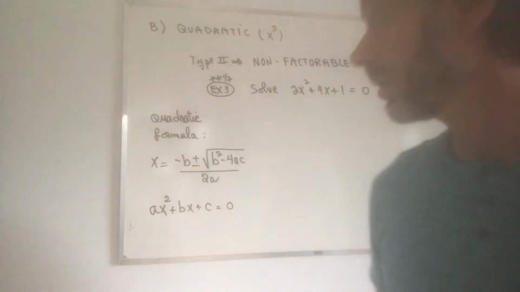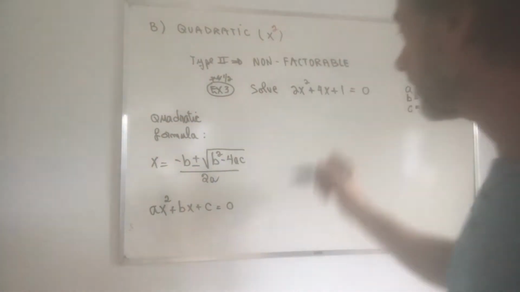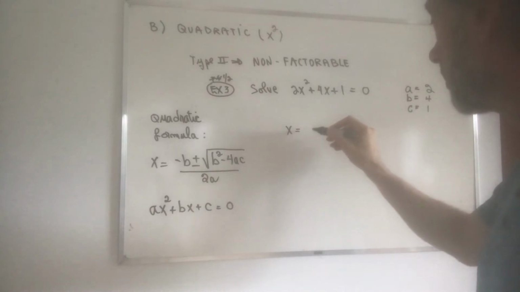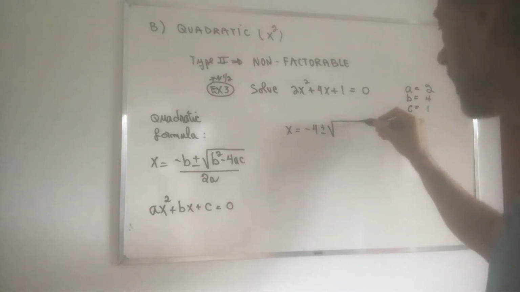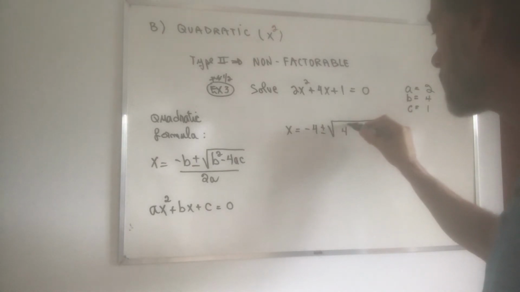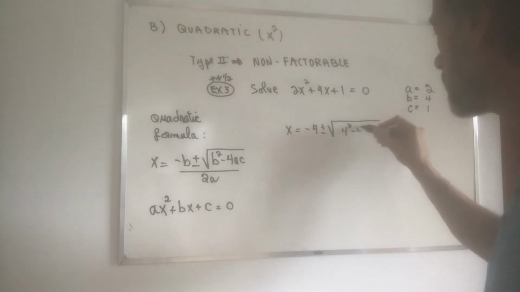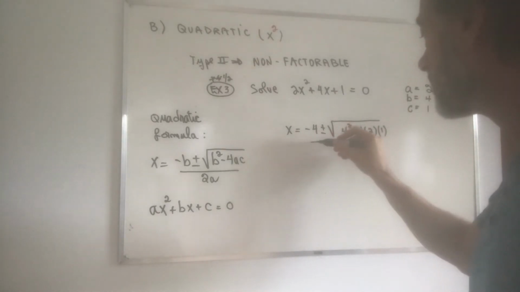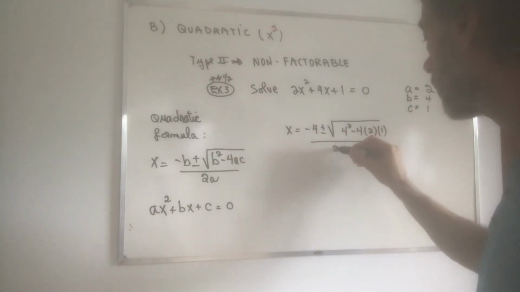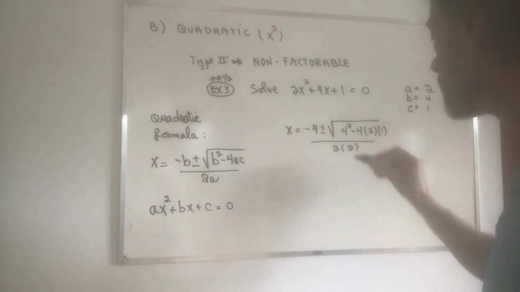So we put those into this equation. So x is equal to minus b plus or minus the root of b squared minus 4 times a times c, over 2 times a.